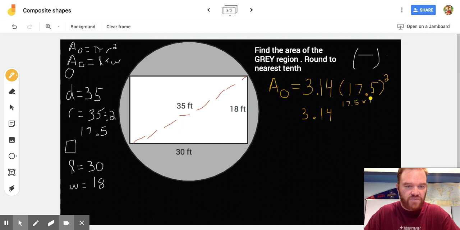I think this is an important step that some students get confused on. When we do 17.5 times 17.5, we get 306.25, and we multiply 3.14 by 306.25.